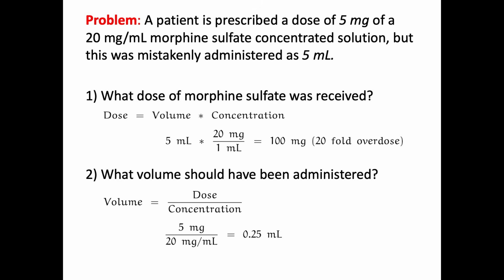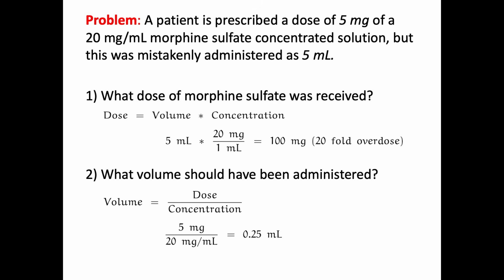What we know is the volume was 5 milliliters. What we're solving for was dose. The other thing that we know is concentration. The concentration is 20 milligrams per milliliter. To bring that all together, to take what we know, which is the volume and the concentration, what we're solving for is dose.